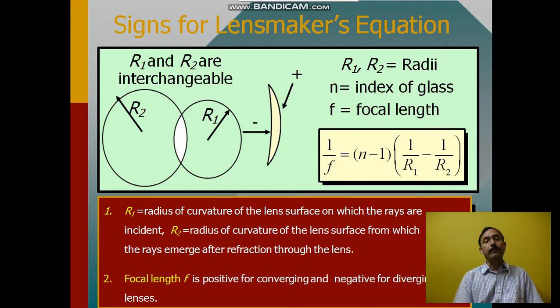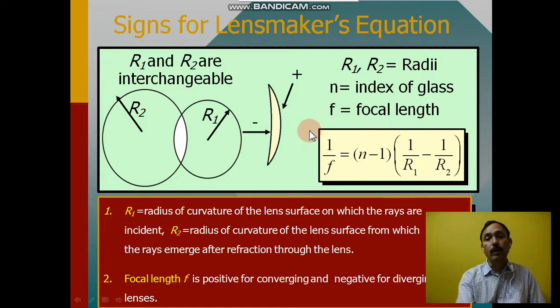R2 is the radius of curvature of the lens surface from which the rays emerge after refraction through the lens. Focal length f is positive for converging and negative for diverging lenses.